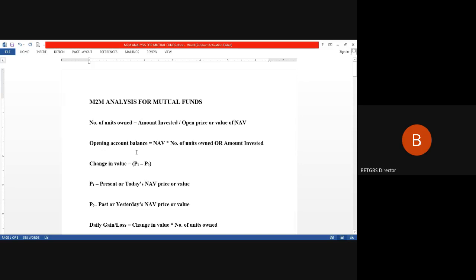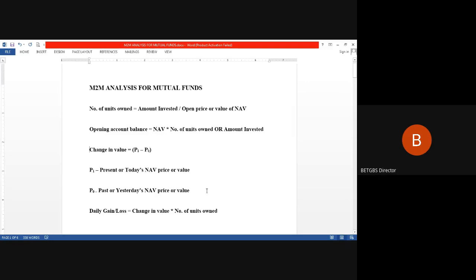It is nothing but the lump sum amount you have invested. Or, since you have found how many units you own, and we know the opening price of the NAV, if you do that multiplication, you get again the opening balance for your account in the mutual fund scheme, or else it is simply the amount you want to invest. Either way we can do that.